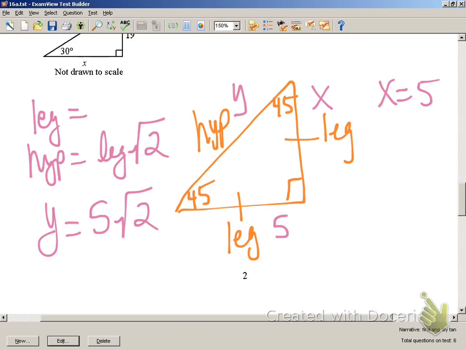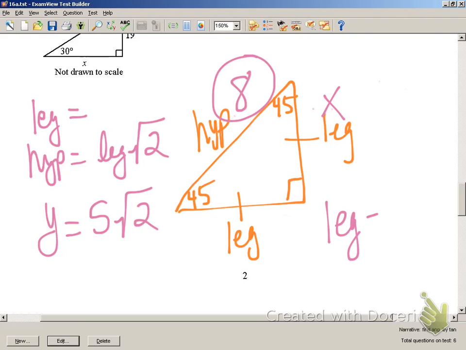If, on the other hand, you by some chance were given what the hypotenuse was, let's change the problem and say that the hypotenuse is now equal to 8. We want to find x. In order to find x, I'm given the hypotenuse.